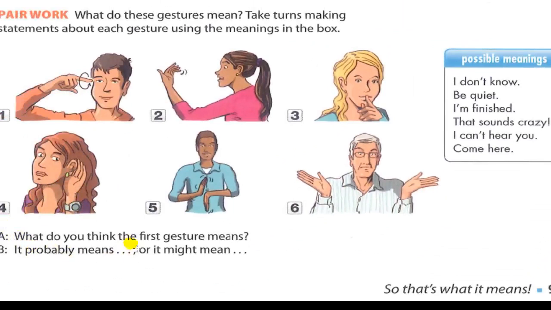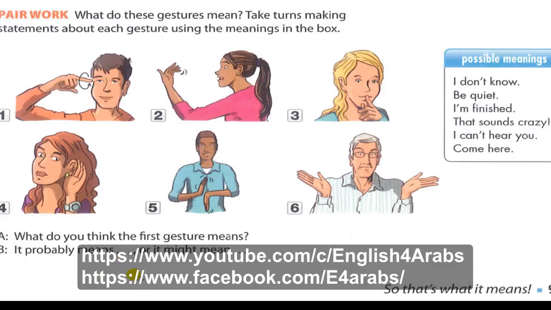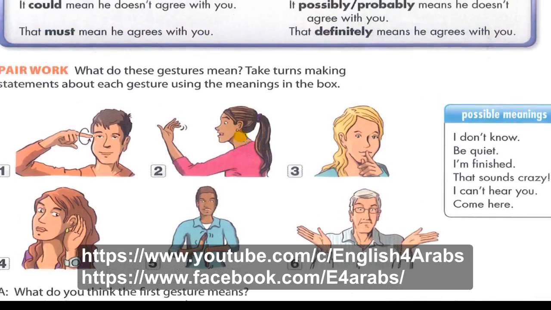A. What do you think the first gesture means? This is the first one. It probably means, or it might mean. So, in this exercise, it's very easy. You are going to use these gestures, and you try to use the possible meanings, but also you are going to use these expressions.